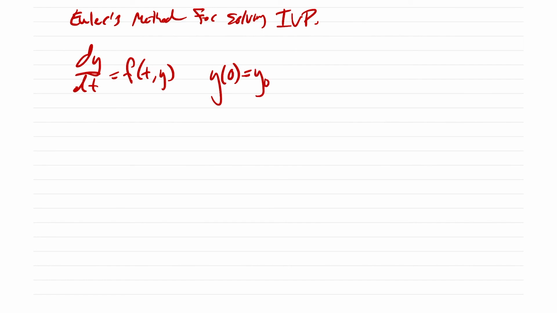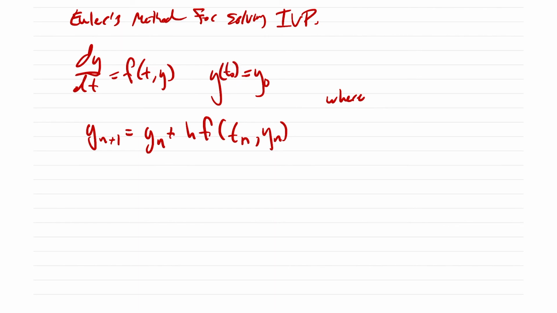And we know that we define y_{n+1} to be equal to y_n plus h times f of t_n, y_n, where I should say not 0, but it starts at t naught. And so we say that t_n is equal to t naught plus h times n, if you like. And h is some fixed positive number that you start with.